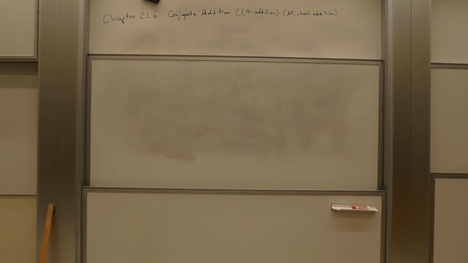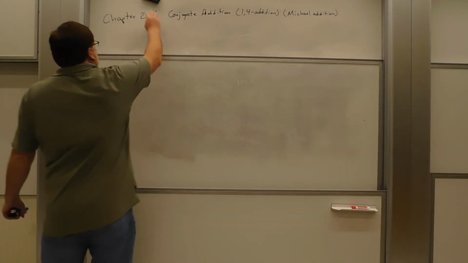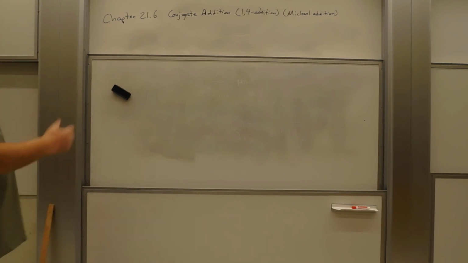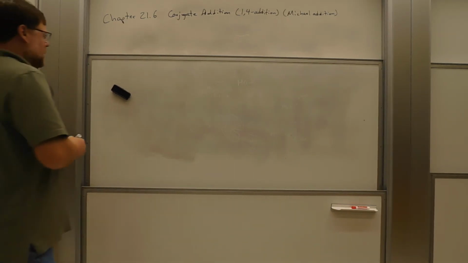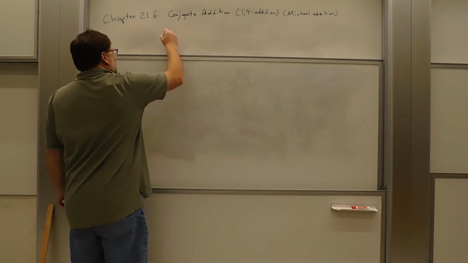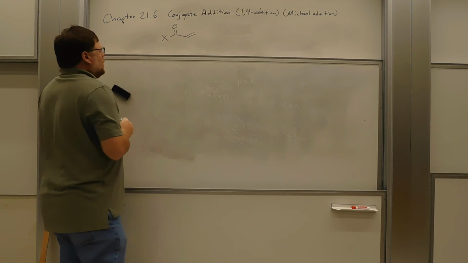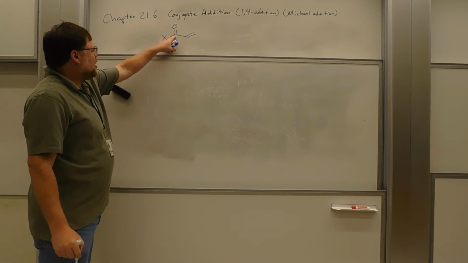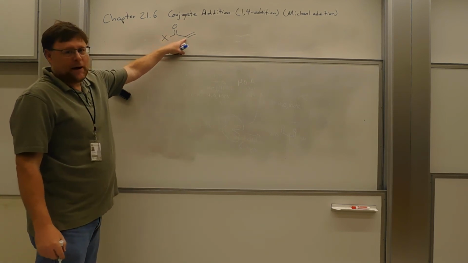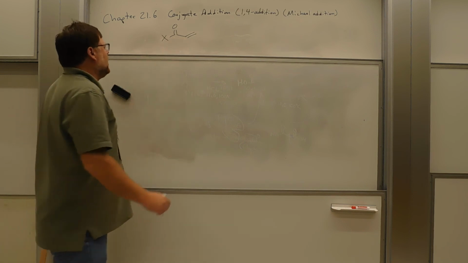Okay, chapter 21.6, conjugate addition, also known as 1,4 addition and Michael addition. So I'll draw up. This is only going to happen when you have a carbonyl compound bonded directly to an alkene.